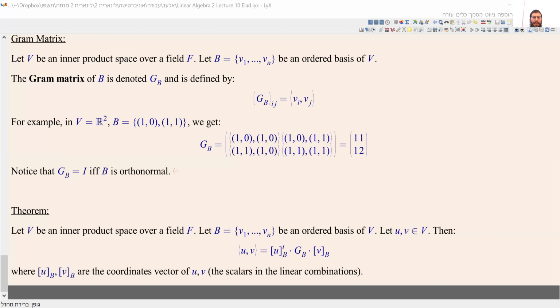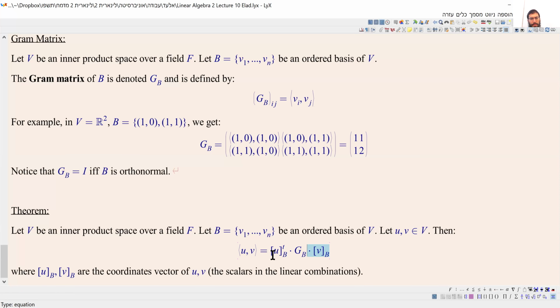It's not a very long or hard proof, just a bit ugly because you write down all the sums: u is some sum of a1 v1, a2 v2, and v is some sum of b1 v1, b2 v2. And then you write down explicitly all the stuff and eventually conclude that you get the inner product of u and v. It's not very important, but it is something I wanted to say.